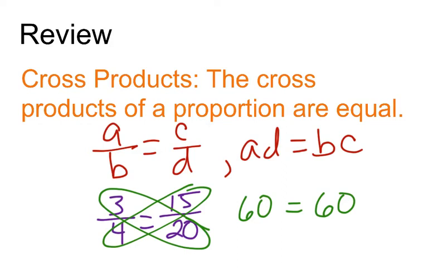Finding cross products is also sometimes called cross multiplication because of this X shape that is formed from the diagonal numbers being multiplied. Another thing that I want to remind you, we go across and down, across and down.